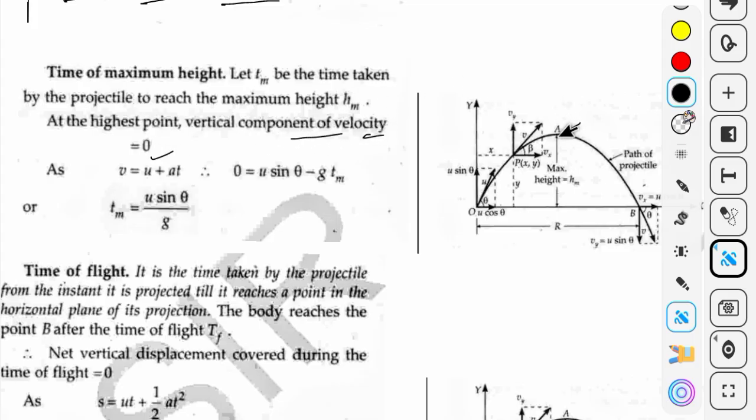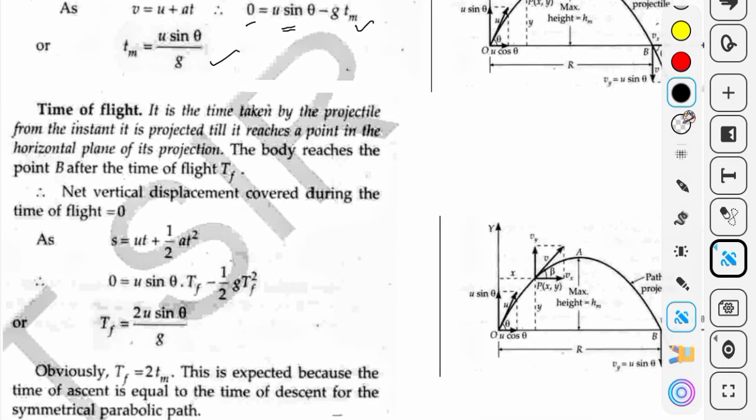As v equals u plus at, the v part becomes 0. The initial velocity was u sin theta, the vertical component, and acceleration is acting downwards, so it is negative g, with time Tm. From this we can find Tm equals u sin theta divided by g. This is the time taken to reach the maximum height at A.